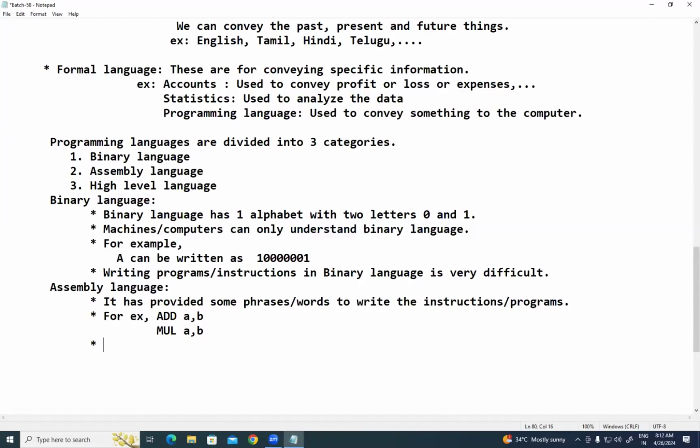There are different categories of microprocessors. Folks, am I clear? Have you heard of 8085, 8086? Yes, sir.